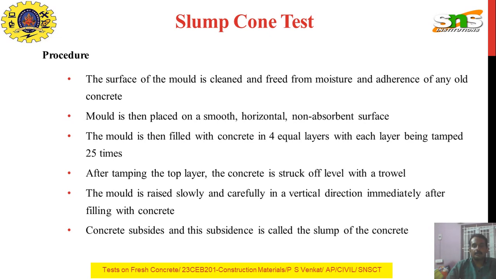After tamping the top layer, the concrete is struck off using a trowel at the top. The mold is raised slowly and carefully in vertical direction immediately after filling with concrete.